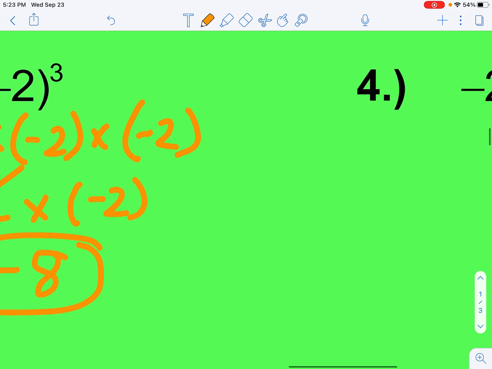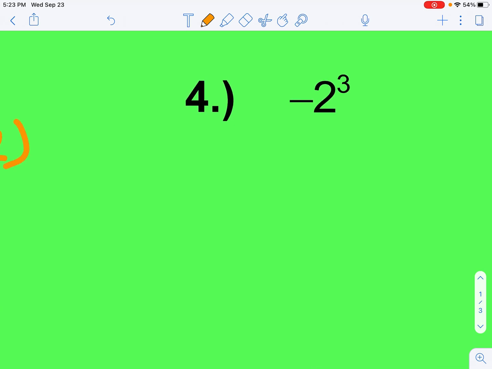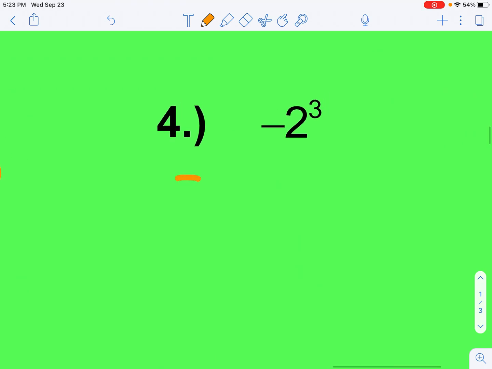Okay? Let's look at 4. Ooh, I don't see any parentheses, but I have that negative sign. So what that's telling me is I'm taking a -1 times 2 times 2 times 2. Okay? So -1 times a positive 2. A negative times a positive gives me a negative as an answer.